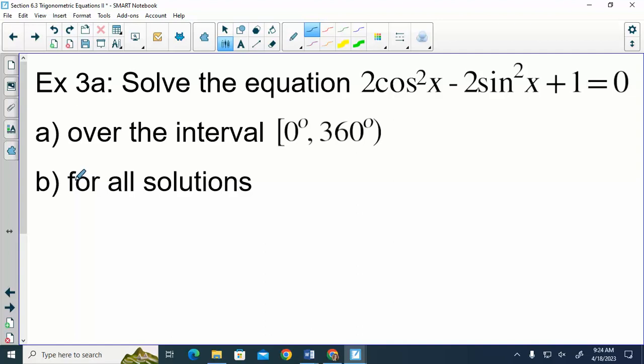Am I going to have to worry about double solutions or anything on this? No, because all my angles are just x. However, it's not easy to solve right away because we have 2 different trig functions. So let's replace one of those. Doesn't matter which. Let's say I wanted to get rid of sine squared.